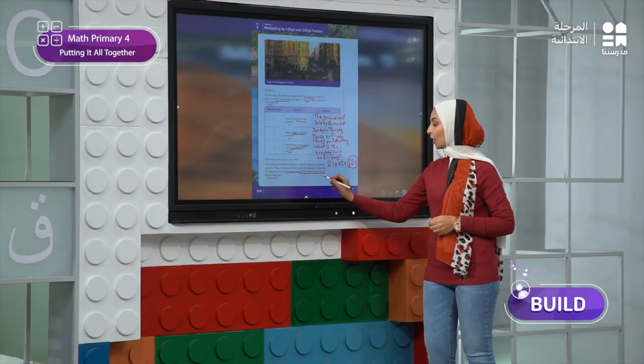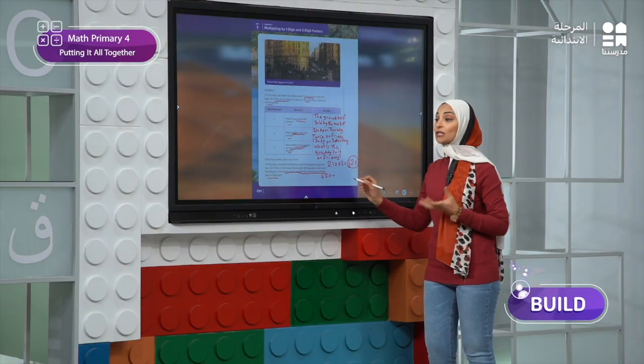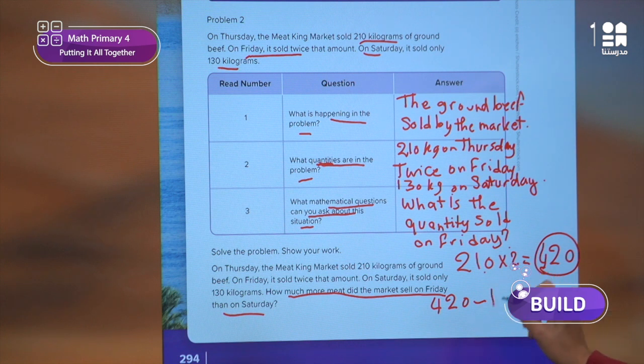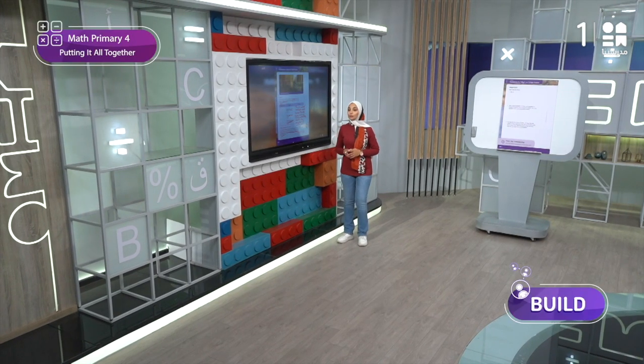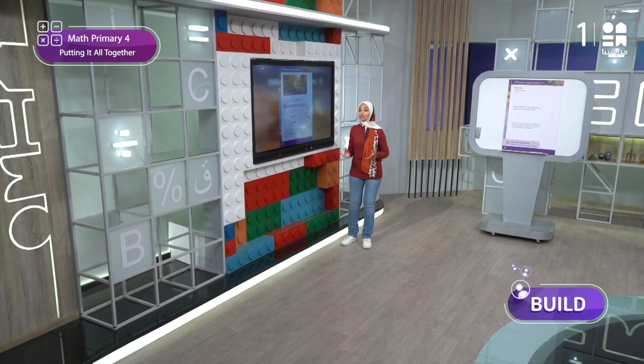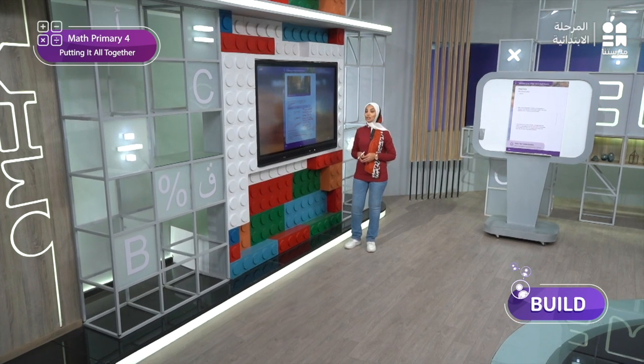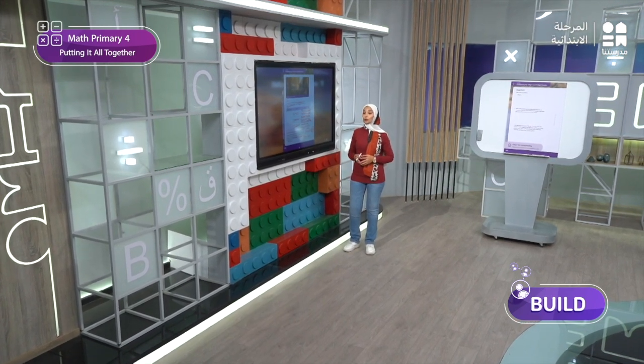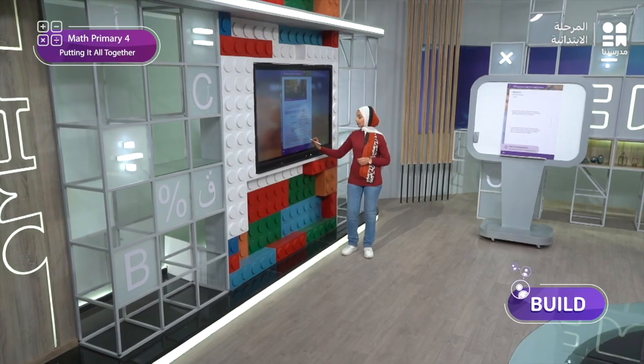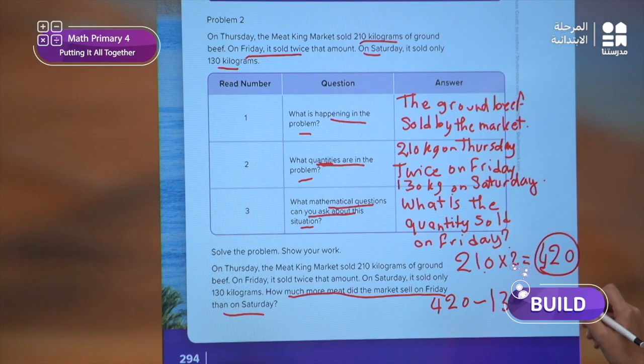Of course I will start with the biggest number, which is 420 minus what? Yes, minus 130. Okay, so 420 minus 130. We can do the subtraction process using the strategies we master now. So the amount of increase will be 290 kilograms. The answer is 290 kilograms.